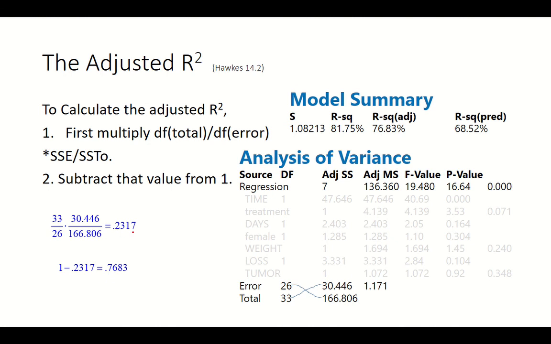So you get 0.2317, subtract it from 1, and you get the R squared adjusted value. Remember, from Hawks, they're not going to do the same sort of model building that we are, so this is sort of a shortcut way to determine whether you're getting the right model or not.